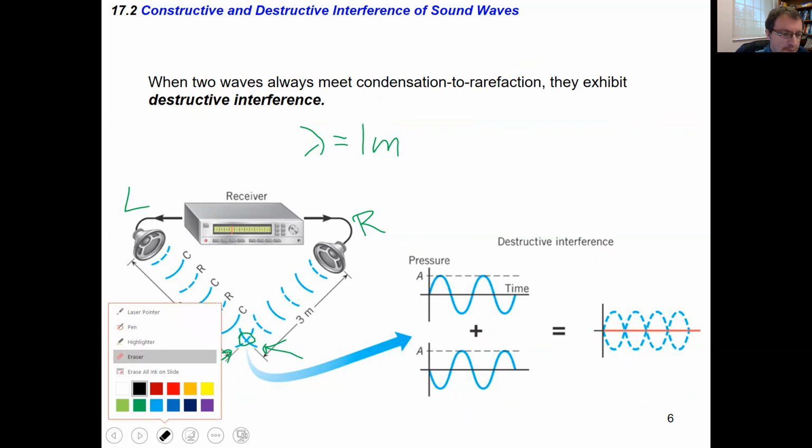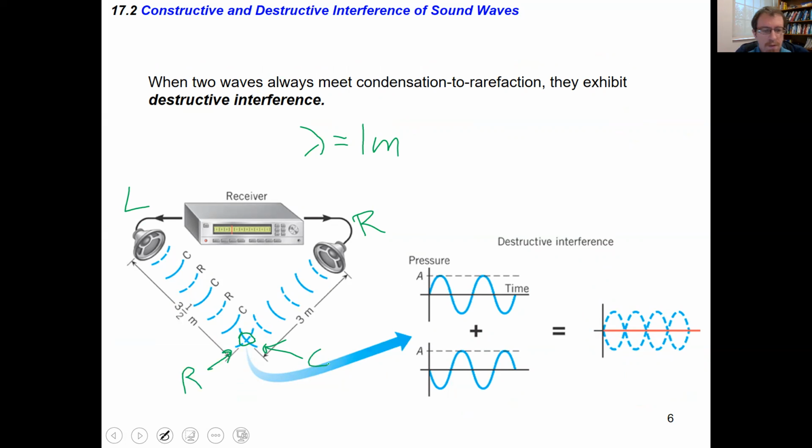So I've got an area of high pressure and an area of low pressure adding together. And if I've got high and low adding together, and they're the exact same frequency, then they are going to cancel out. And so what I've got drawn over here is a summation of those two waves. And what do we see? We see just a flat line.